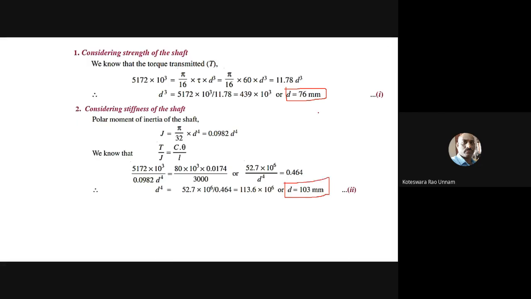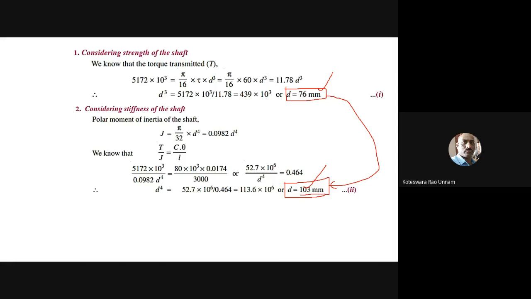Out of these two, which value do I need to select for the shaft such that both conditions are satisfied? He has given two conditions: stress should not exceed 60 MPa and angle of twist should not exceed 1 degree. Based on the stress value I got 76 mm, and based on the angle of twist I got a diameter of 103 mm.